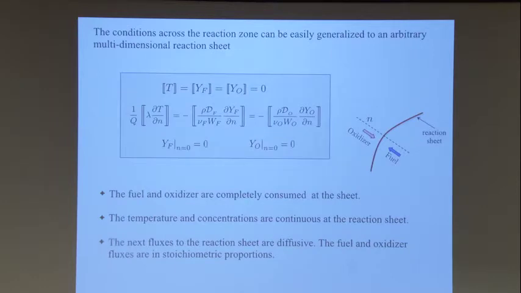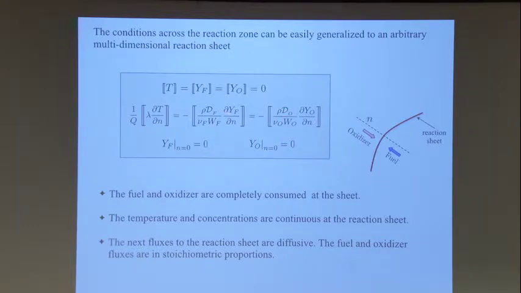All right, so this can be generalized, in fact, to any surface. If you have a reaction sheet, even if it's curved, then what you need is to write these jump relations across the normal rather than x. And I wrote here the relation in dimensional form.